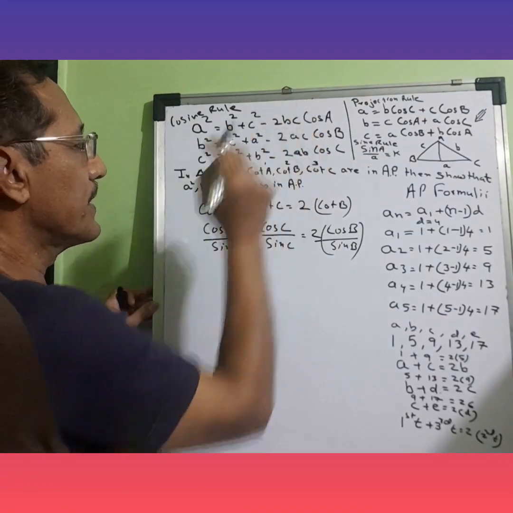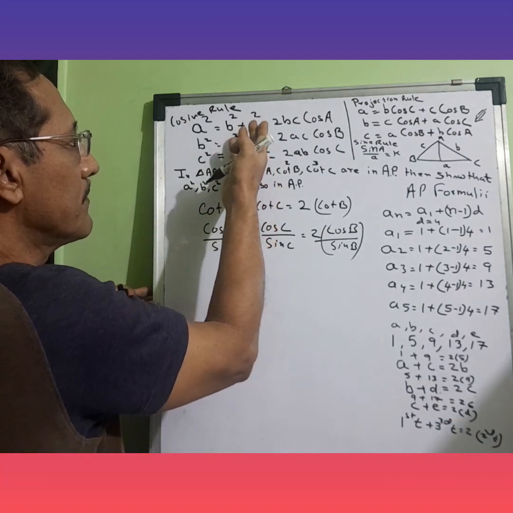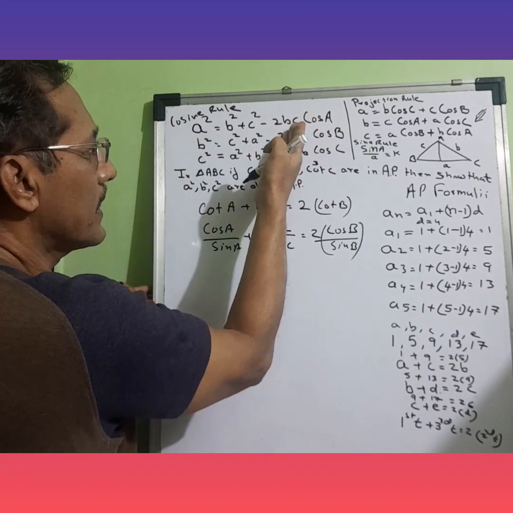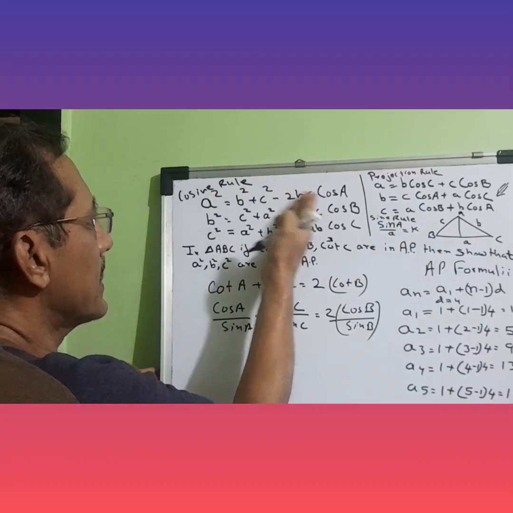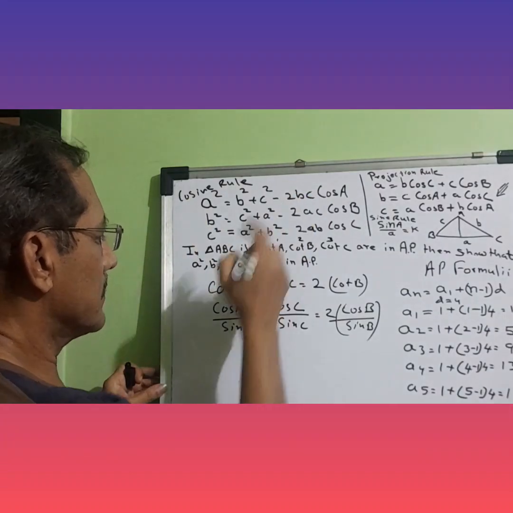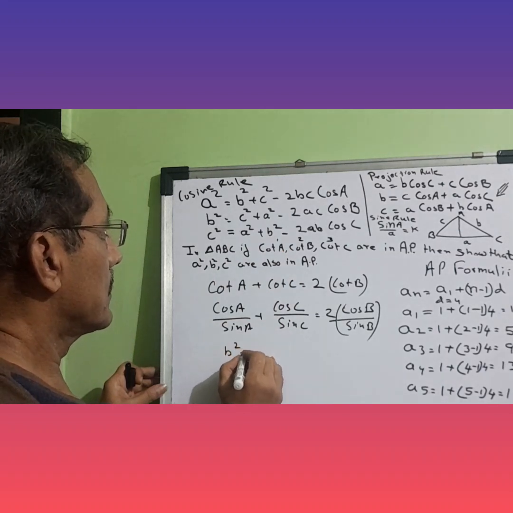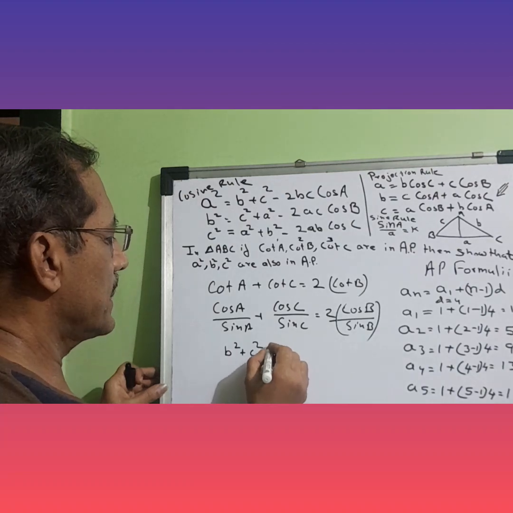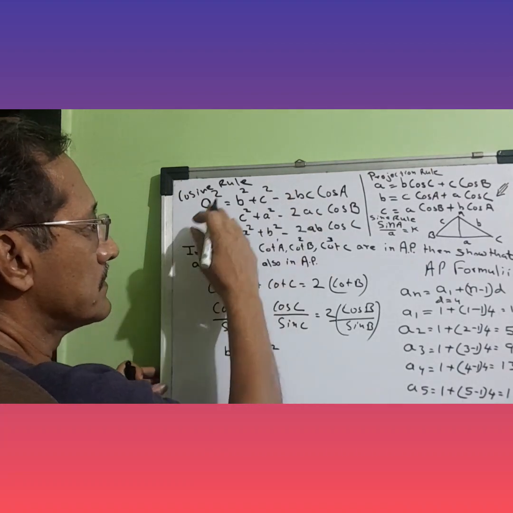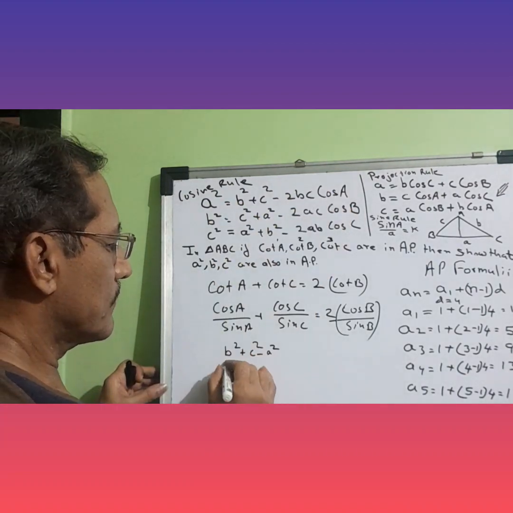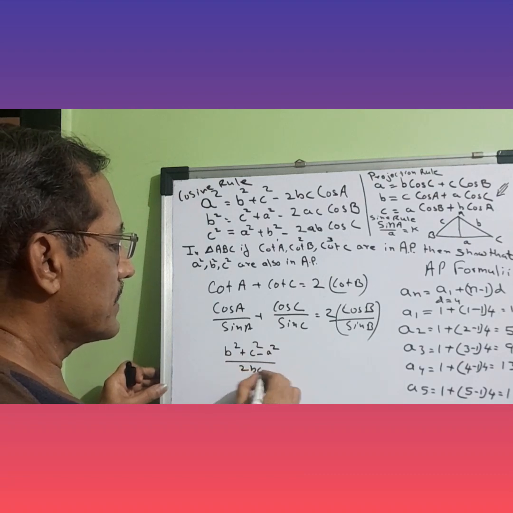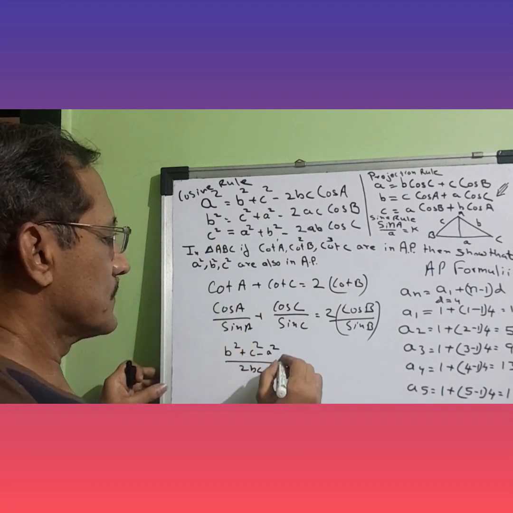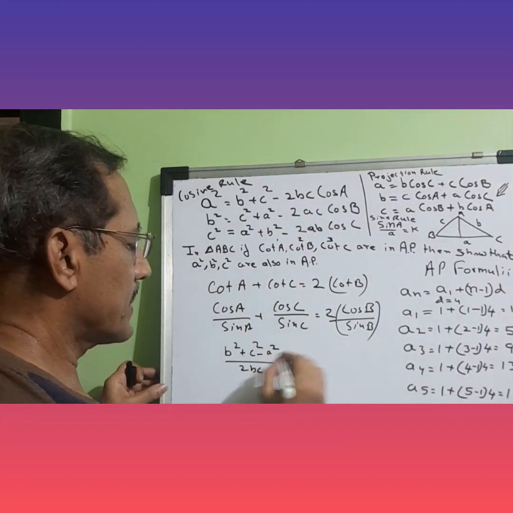If we take this there and this there, it would be b square plus c square minus a square, and for cos A, 2bc would come down. So this would be for cos A. Similarly, even for this we can do it like that only.